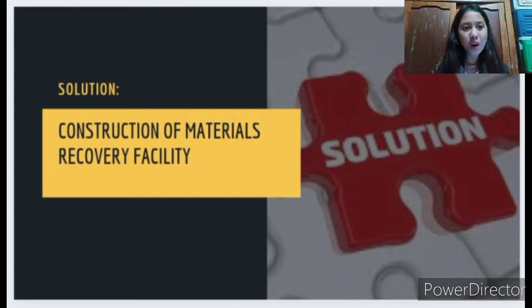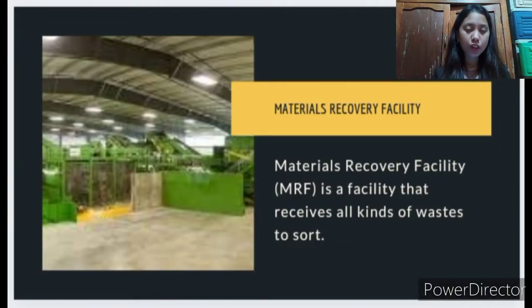To make this possible, my proposed solution would be to construct a materials recovery facility. Materials Recovery Facility or MRF is a facility that receives all kinds of wastes to sort.